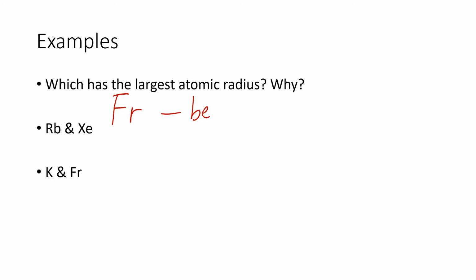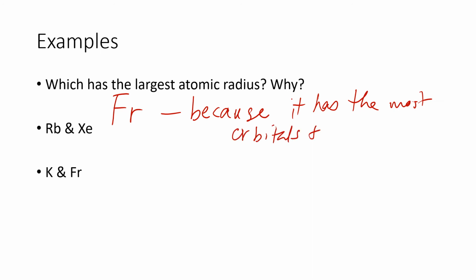It increases because you're adding, or because it has the most orbitals, and least amount of valence electrons between rubidium and xenon and potassium and francium.